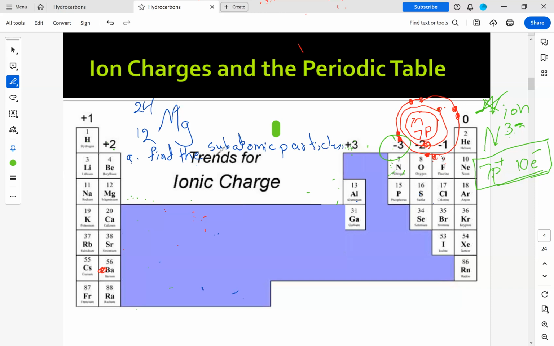When he says subatomic particles, he means proton, electron, and neutron. He will not say find the neutron, proton, and electron; he will just say find the subatomic particles. So you have to find the number of protons, the number of electrons, the number of neutrons. And then represent the Bohr-Rutherford structure of magnesium, for the atom and the ion.